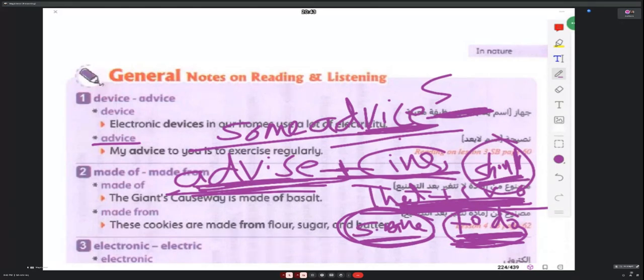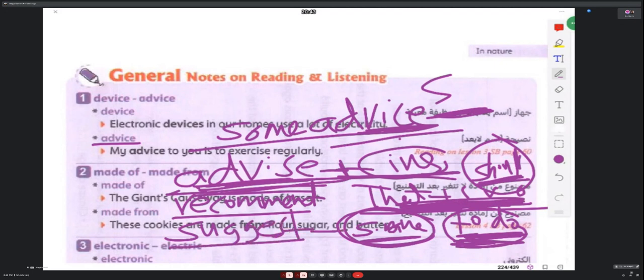Advice is the same as recommend and suggest. Suggest doing, recommend doing, advise doing. Suggest that, and that clause using should.